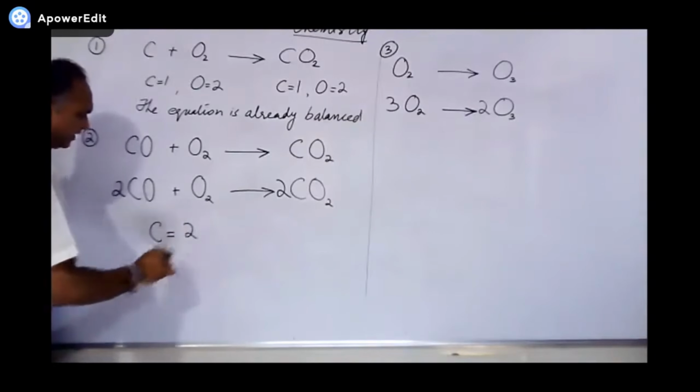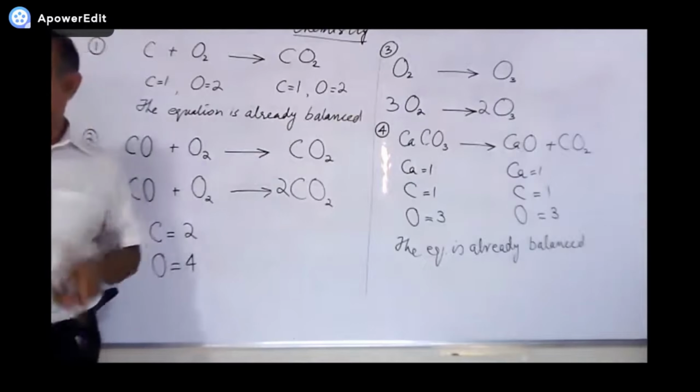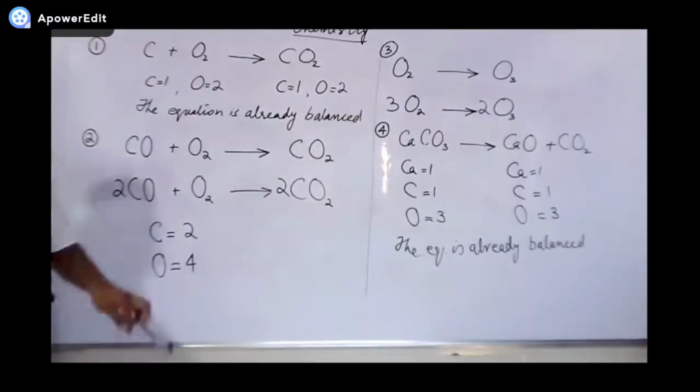How many oxygens over there? 1 and 2. Luckily, this one is already balanced. So we will write here, the equation is already balanced. Check these 4, then we'll proceed to the next. Okay?